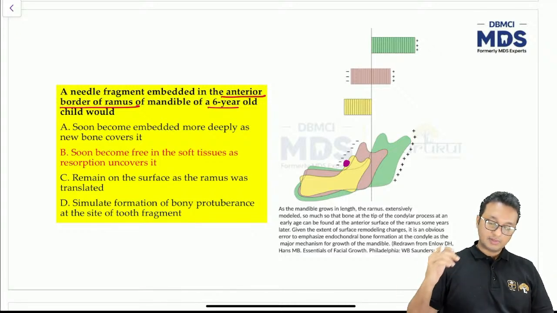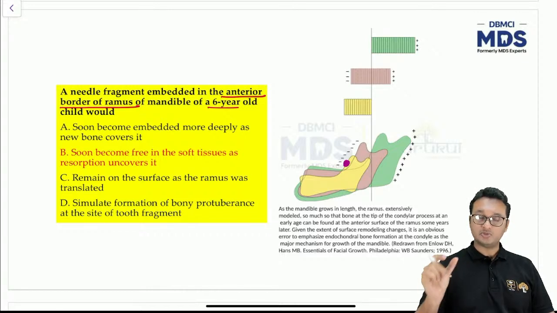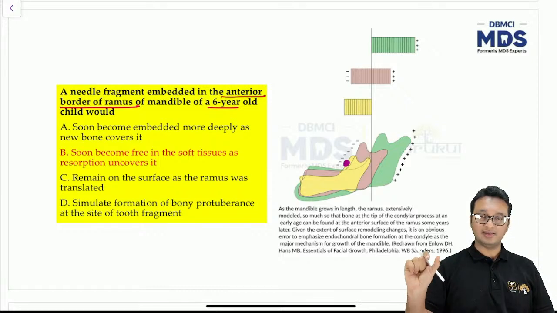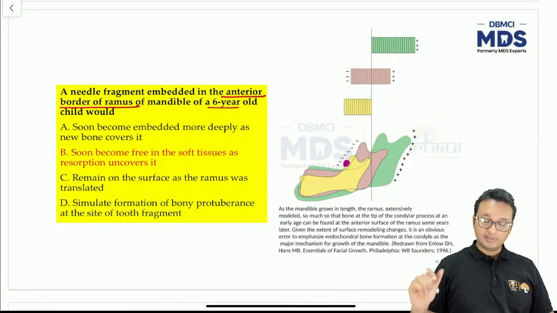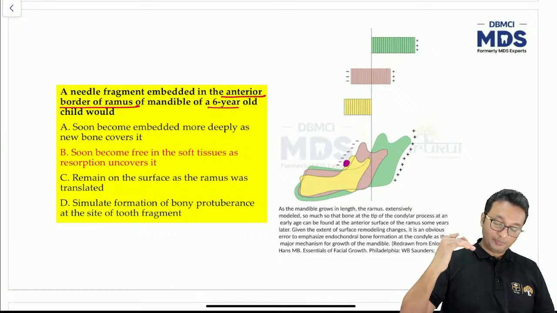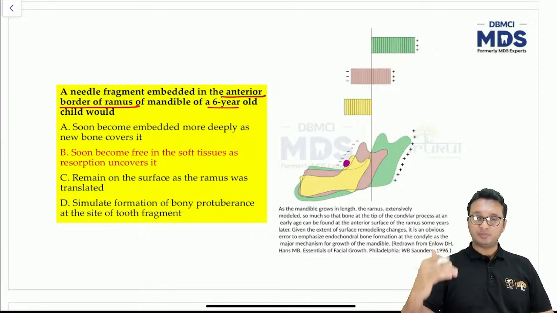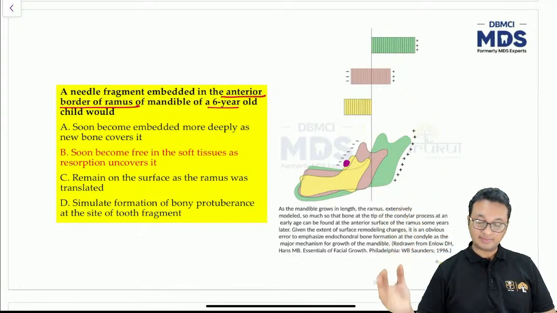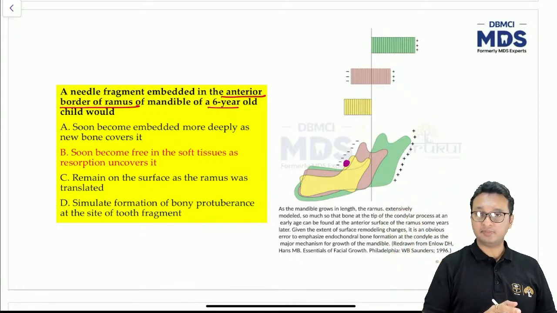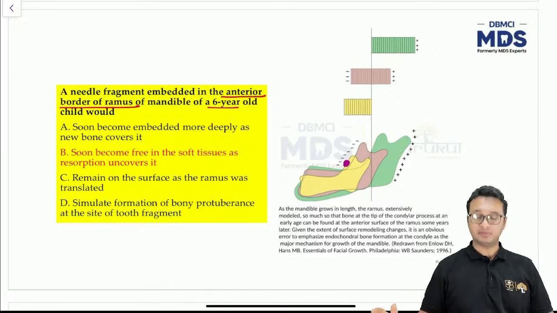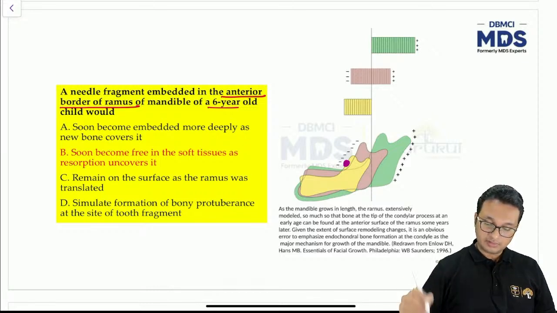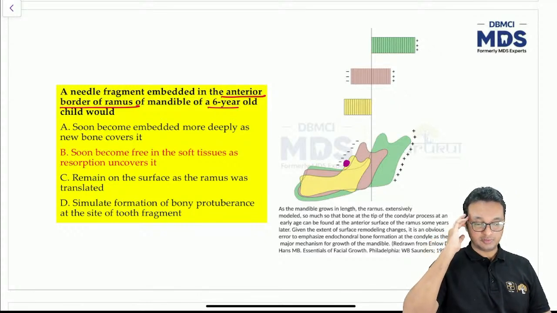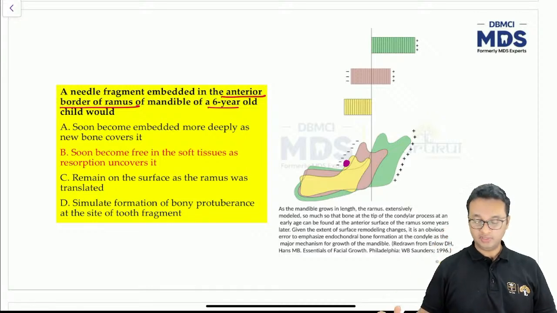So as the mandible grows in the anteroposterior plane to make space for the not yet erupted second, third molars, in that case, the posterior surface, the posterior border of the ramus, which was posteriorly placed once upon a time, has now become the anterior surface of the ramus of the mandible, or the anterior border of the ramus of the mandible.